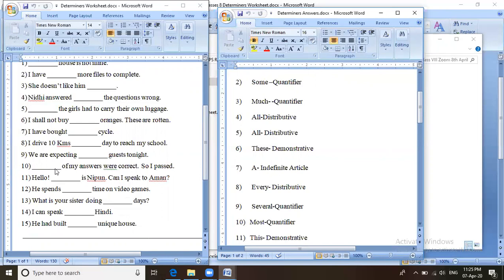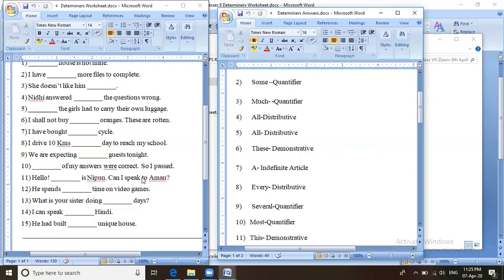Had we written none, then we would have to use was here: none of my answers was right. None is singular. But since it is were here, we had to write either several or all. And logically, since I passed, none was anyway a wrong answer.